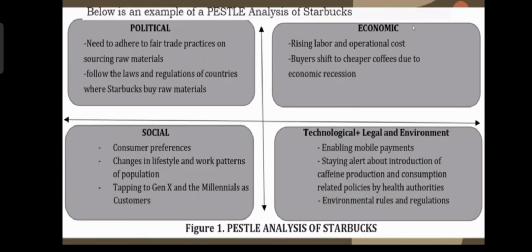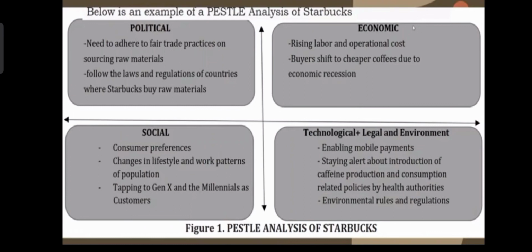Follow the laws and regulations of countries where Starbucks buys raw materials. So we will search where the coffee beans came from, if from the Philippines or other countries, and follow those laws.